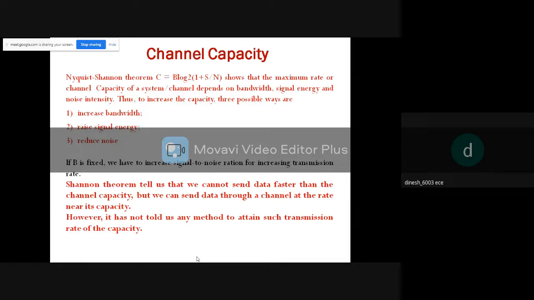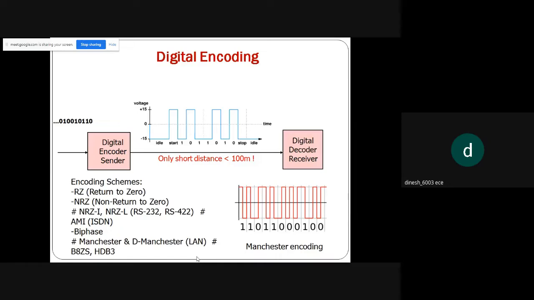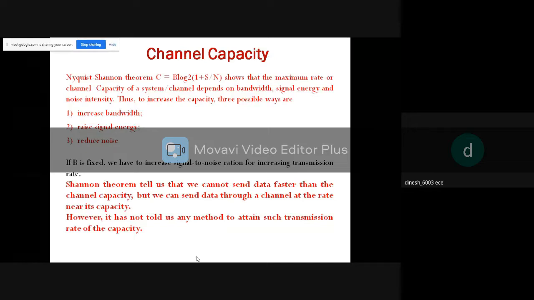So the channel capacity is what Nyquist-Shannon's theorem shows: the maximum rate or channel capacity of a system or channel depends on bandwidth, signal energy, and the noise intensity.